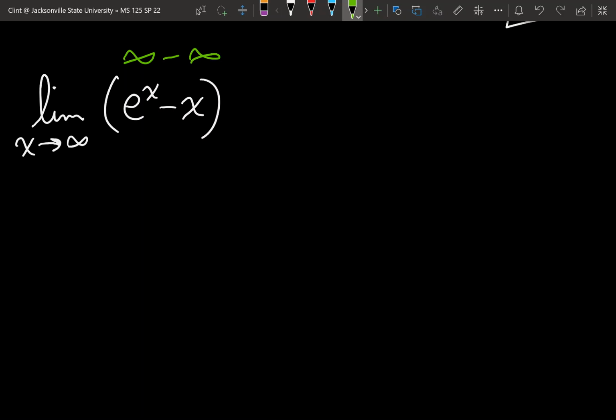So we're in an infinity minus infinity situation. And a nice little trick that helps sometimes is we're going to factor out an x. It's not obvious. That's why I'm showing it to you.